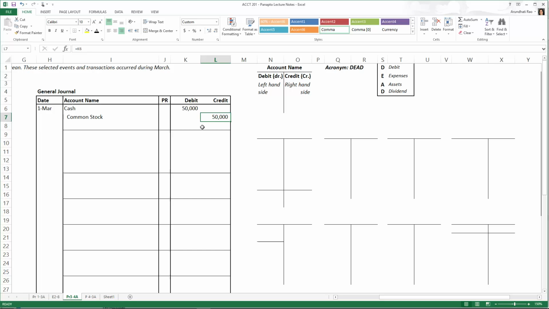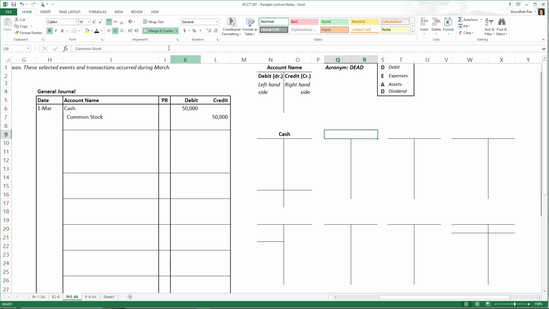What happens to this journal entry? Well, it's going to sit in the journal, and I need to transfer the information somewhere else so that it becomes easier to deal with later on. I'm going to open a T account for cash and another T account for common stock.